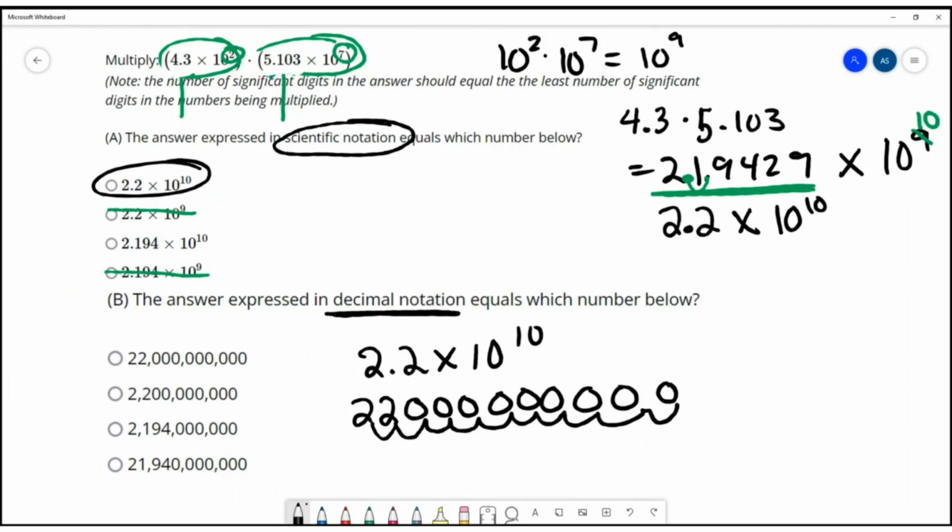One more there. So let's make that into groups of 3. We have 22 with 1, 2, 3, 4, 5, 6, 7, 8, 9 zeros. So this is the correct answer right here.